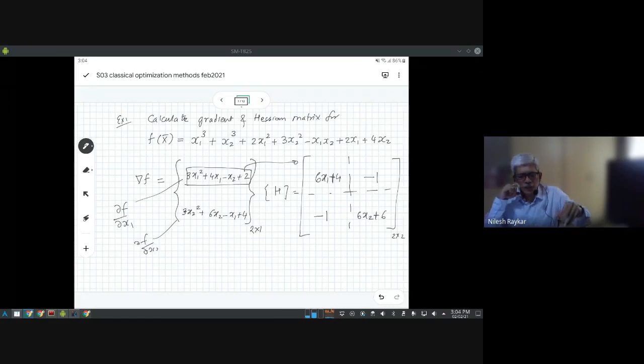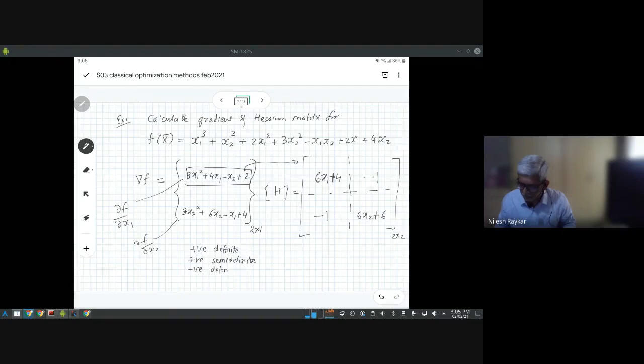In matrices also you have a classification. They are classified into types which are positive definite, positive semi-definite, negative definite, and negative semi-definite.